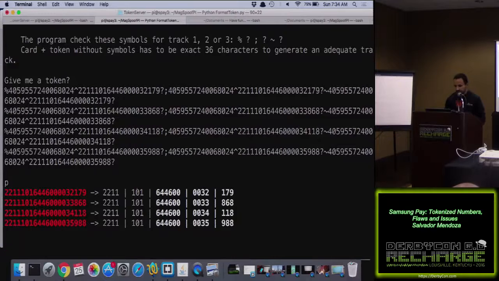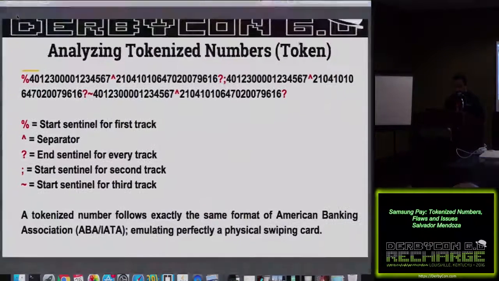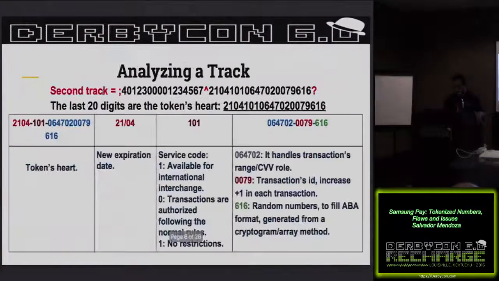For example, if you have a chip and PIN protection on your card and you add it to Samsung Pay, this one is going to change to 101, without any restriction. This one I call the ATC row, which is the first counter. The next one is the transaction ID, and the last 3 digits are random numbers. Basically, this is the format of the token, which is supposed to be very random, but the reality is not. So that's exactly what I tell you about each field.